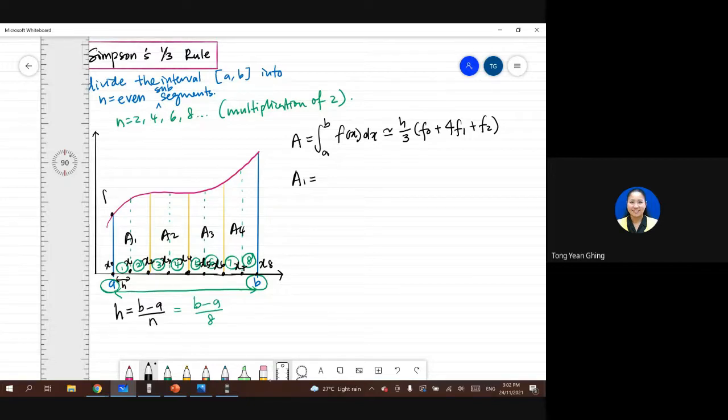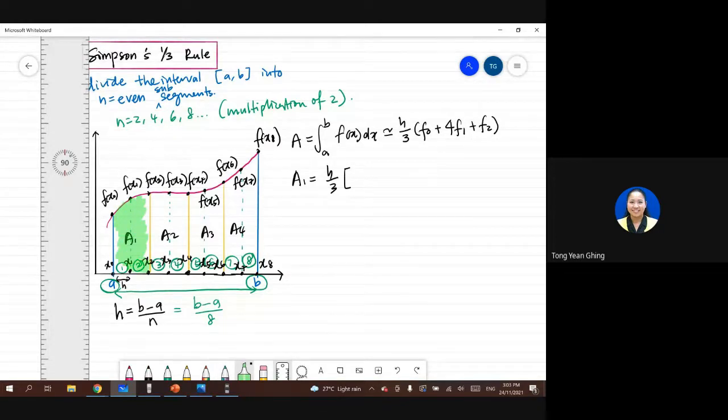Okay, so here we have f(x0), f(x1), f(x2), f(x3), f(x4), yang ni f(x5), f(x6), f(x7), f(x8). Okay, so like this. So A1 will be h over 3 times f0, and this is A1.